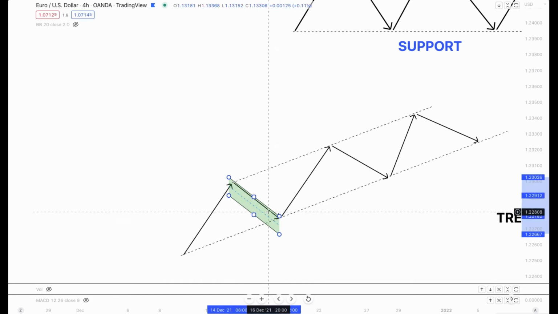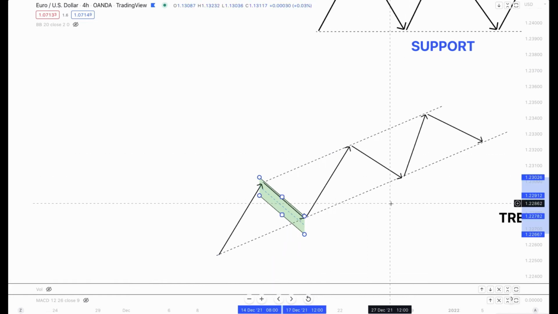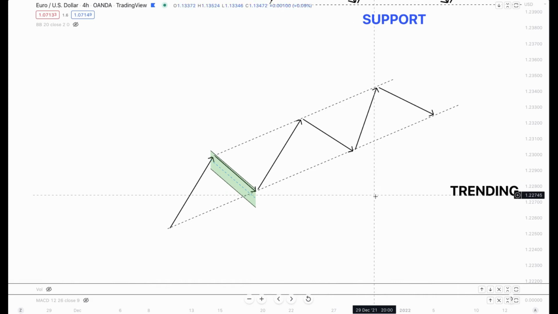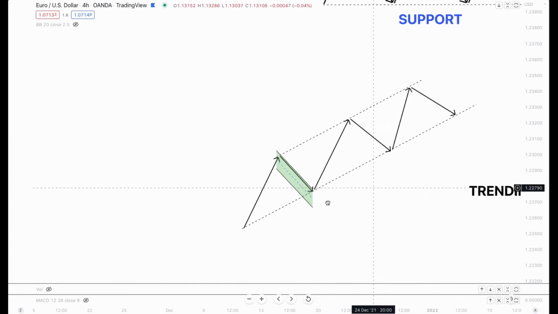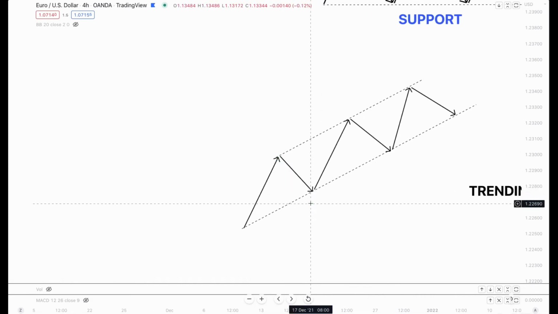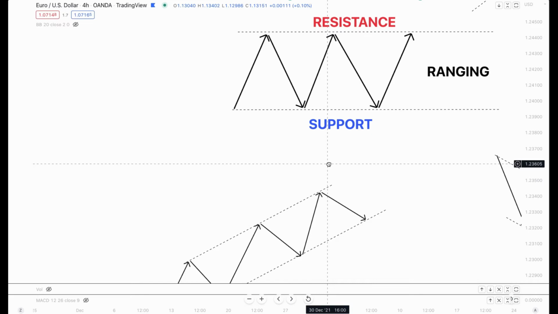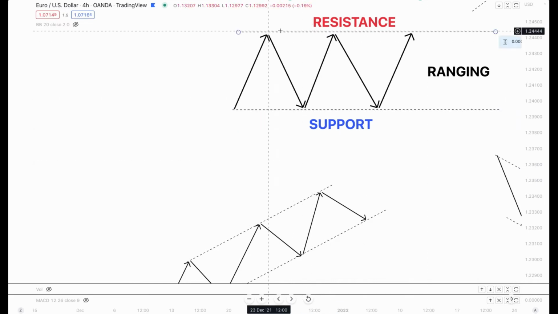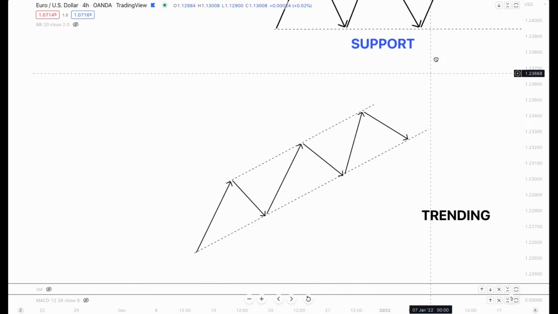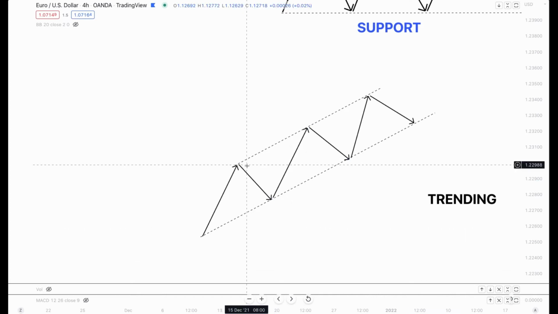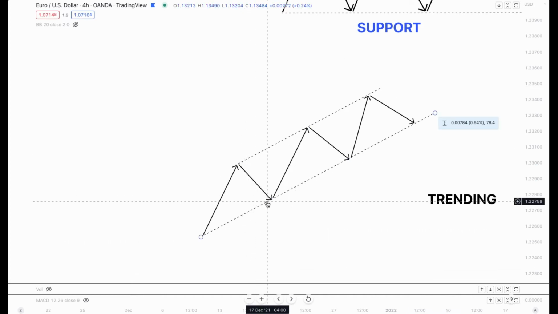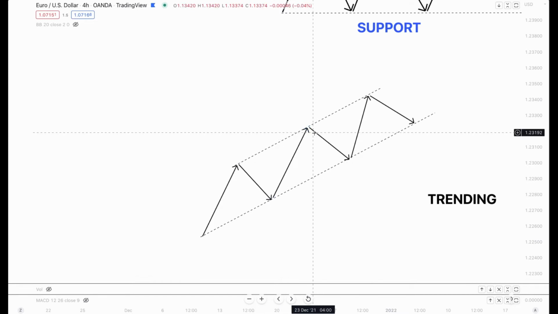Small little candles bouncing off of each other before continuing upwards. So when we say price is consolidating, we just mean it's cooling off from a previous move. It's ranging, it's range bound, just like this. Range bound in a horizontal flat direction or range bound in a trending direction. Either way, it's consolidating before a further move up or down.